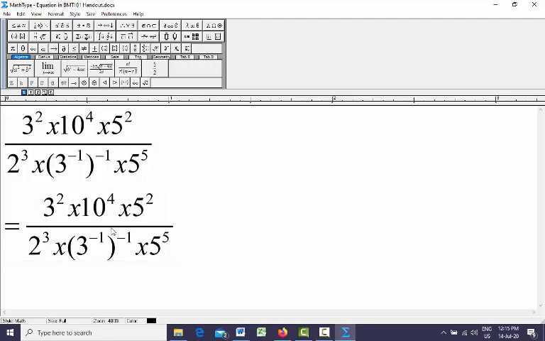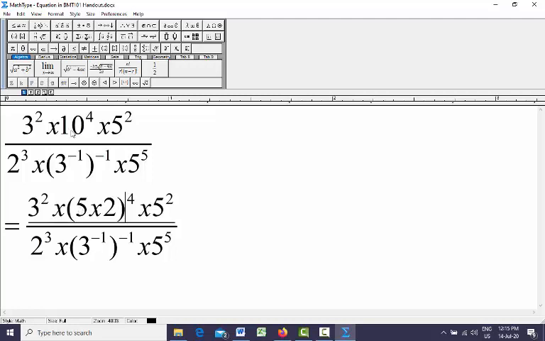Right, so this one can be left like this. This one can be written as 5 multiplied by 2. I am breaking this 10 as 5 multiplied by 2, right? And then this one can be left as it is. So now this one.